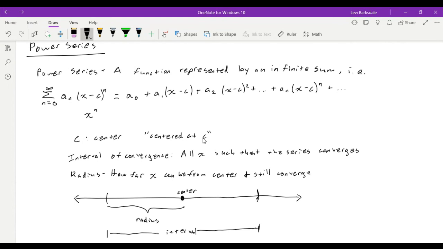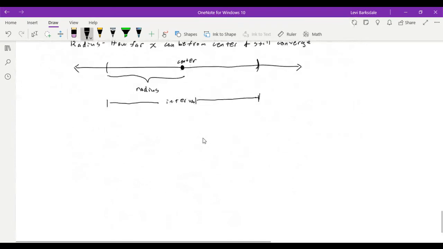All right, let's take a look at an example. Let's say we have a sum from n equals 0 to infinity of x plus 2 over 4 to the nth.